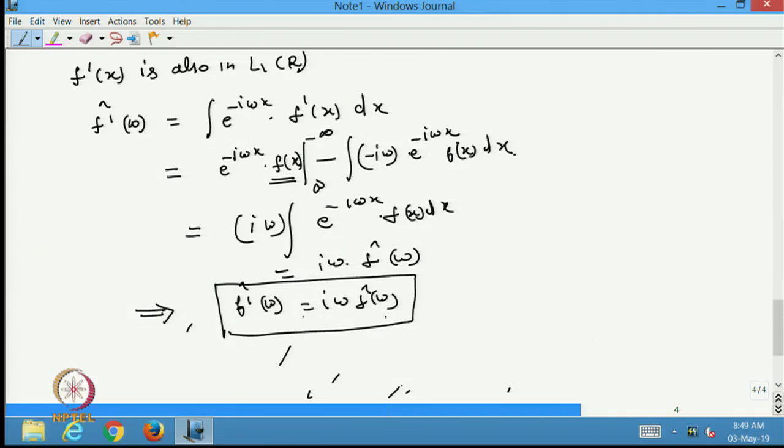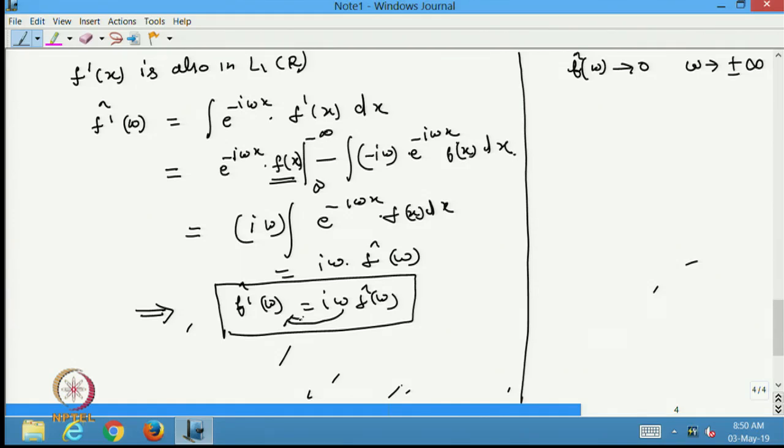From this property we can deduce one more thing, f hat of omega tends to 0 as omega tends to plus minus infinity. This can be proved directly from here, because once you write this on the left hand side, it is very clear. This property we will use later on, that is why I have defined it here.